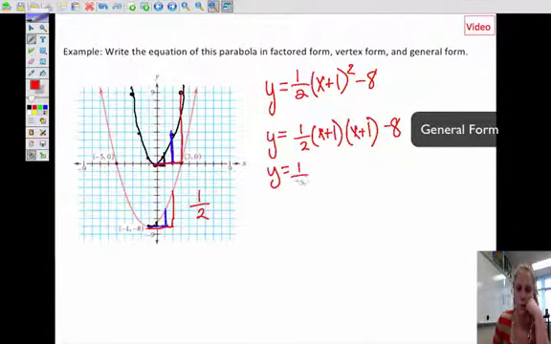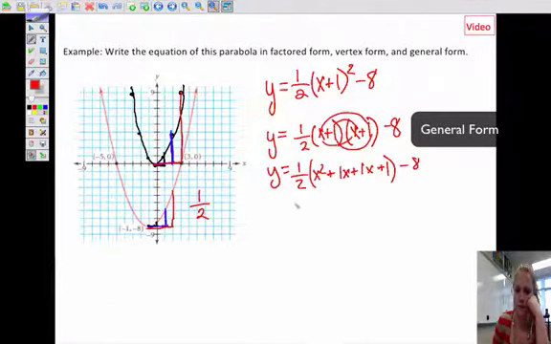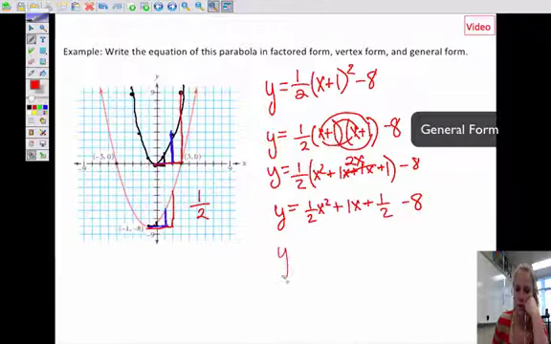So my final form here would be y equals 1/2 x squared plus x plus 1/2 minus 8, which is y equals 1/2 x squared plus x minus 7.5, because we have a negative 8 and a positive half.